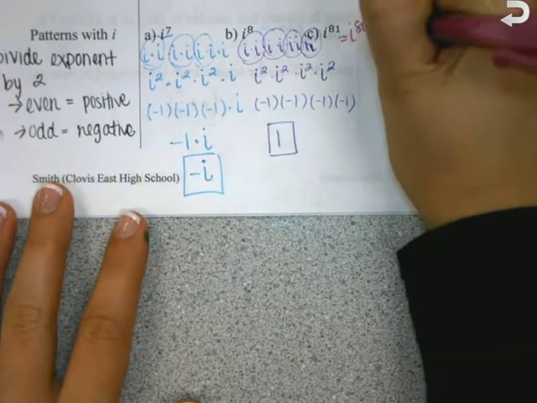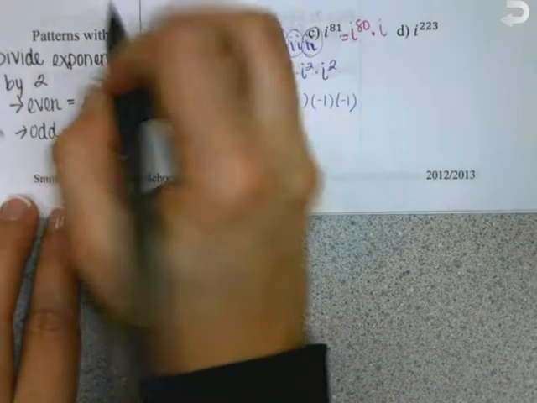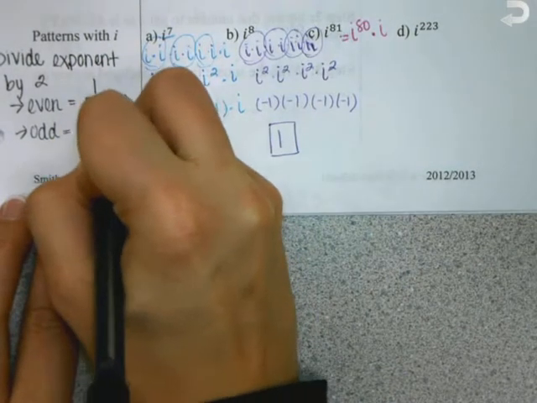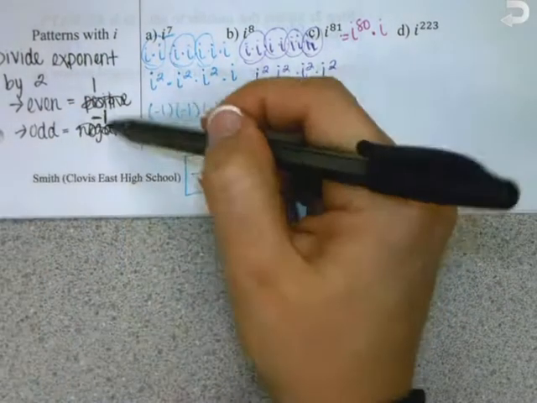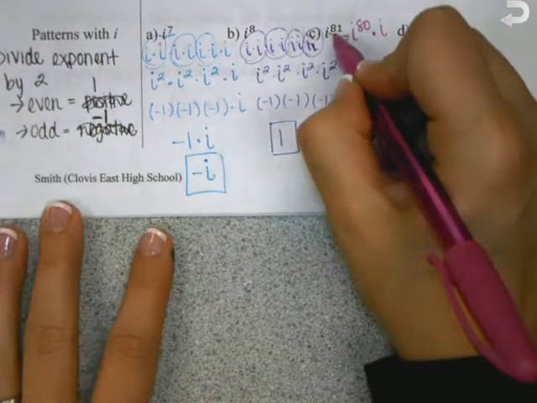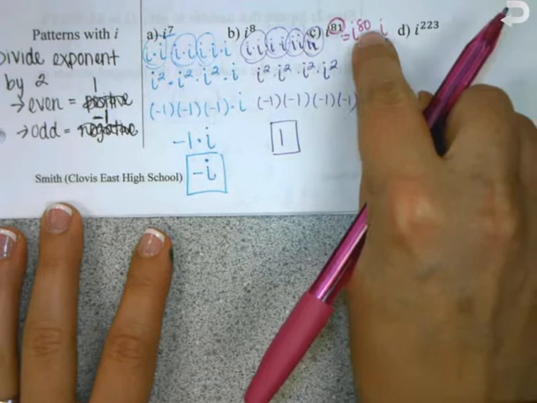So if you have an odd exponent, first write it out as an even exponent times i. And then what are we going to have? 80 divided by 2. What does that give me? 40. Is that an odd or an even number? Even. So my answer is going to be +1 times i.